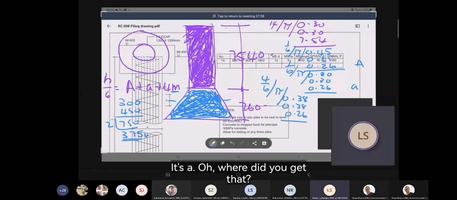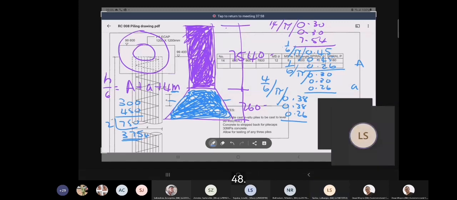Sir, where did you get that 450 for A? 900 diameter for my radius. 900 divided by 2 equals 450 for my radius.